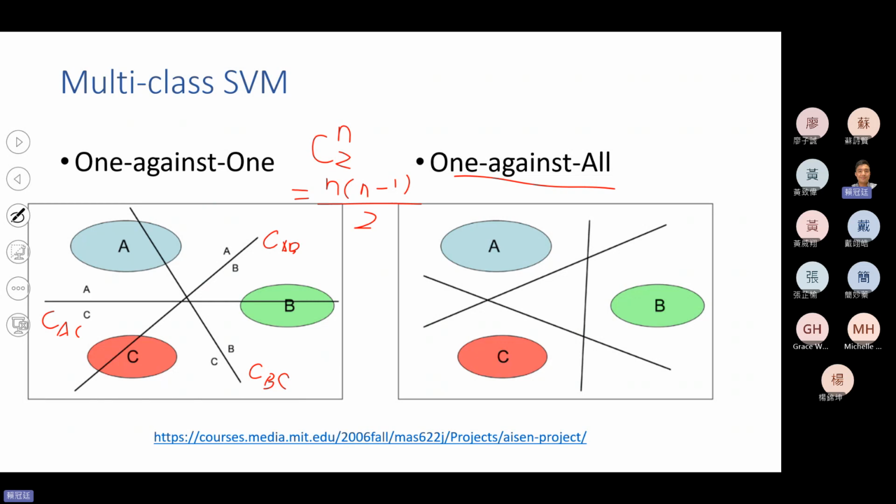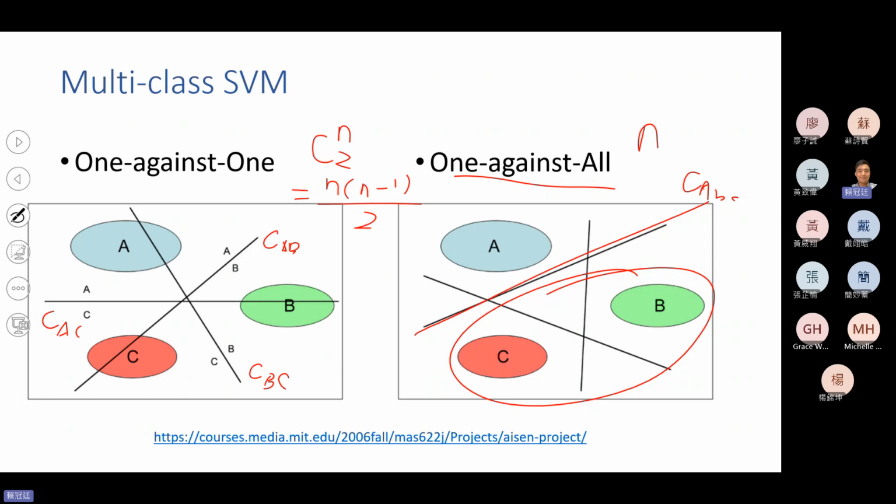We group, for example, B and C together to become one class and find a classifier for A against the rest.